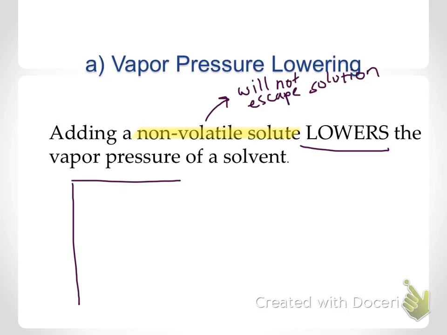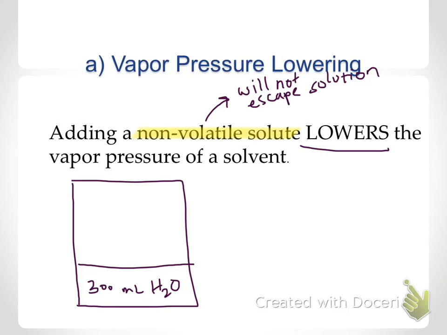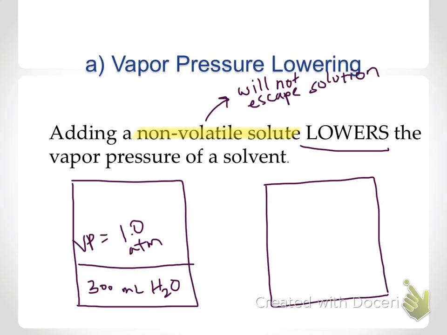So back to our water example here. If we had that 300 milliliters of water, and that was our solvent, and we're just totally making this up, but 1 atmosphere of vapor pressure. If you were to do the same thing, and the solvent is water, but now it's 300 milliliters of 0.1 molar aqueous sodium chloride solution. So water is still my solvent, but now I've got 0.1 molar sodium chloride in there.